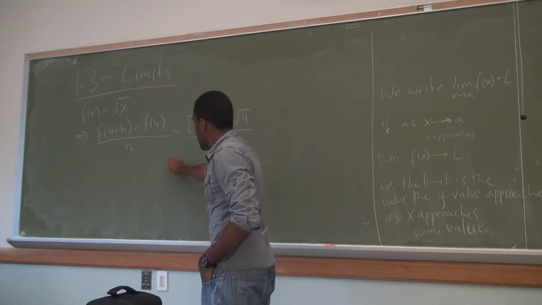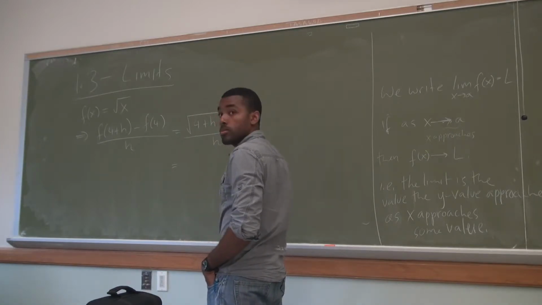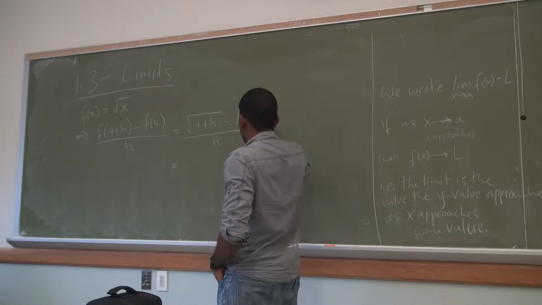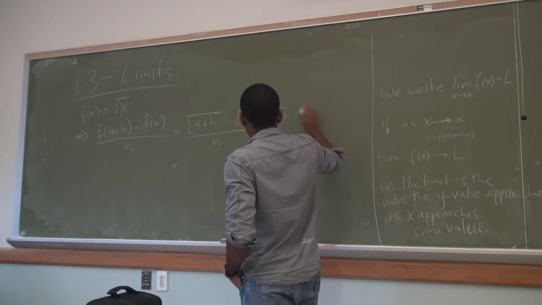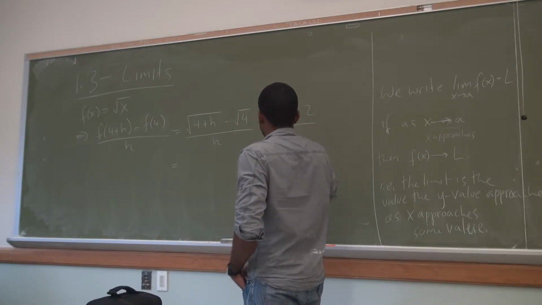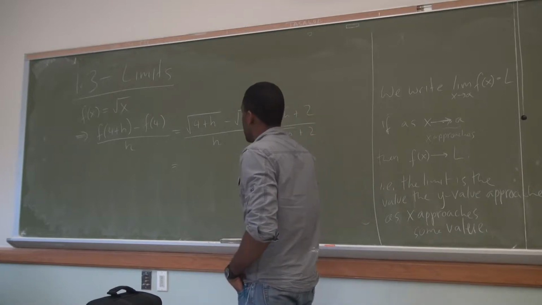Okay. Can we simplify this, rationalize? Yes. How? You have to multiply by radical 4 plus h plus radical 4, which is radical 4 plus h plus 2, over radical 4 plus h plus 2. And then what happens?